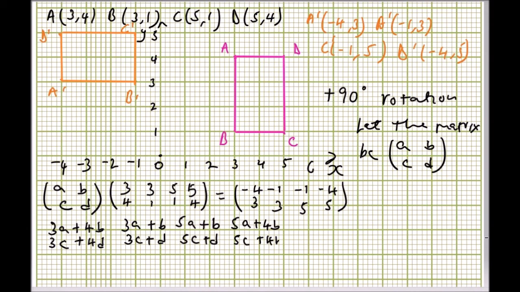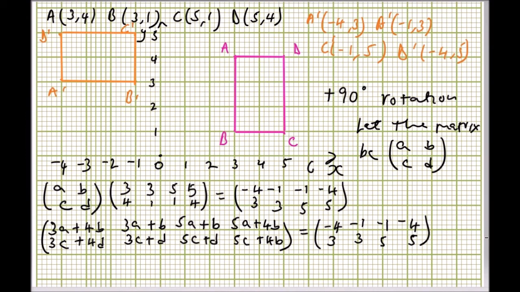So that is the matrix you get when you multiply the transformation matrix by the matrix of the object. It should be equal to the matrix minus 4, 3, minus 1, 3, minus 1, 5, and minus 4, 5. So that is what we get there.